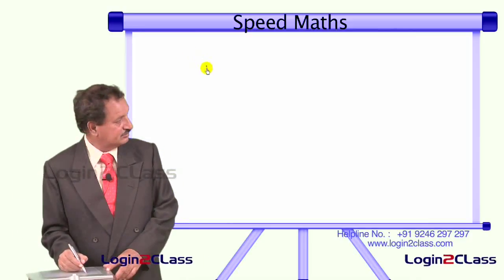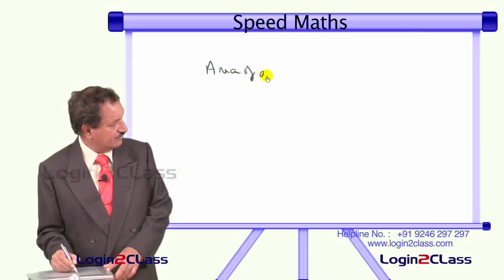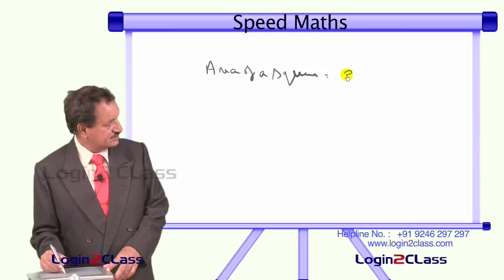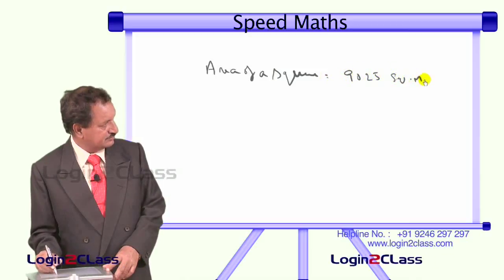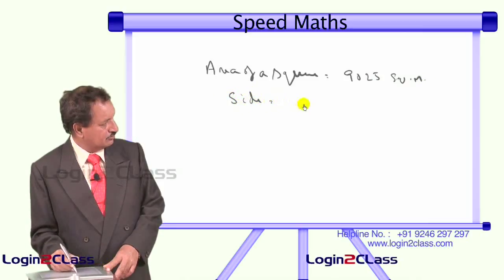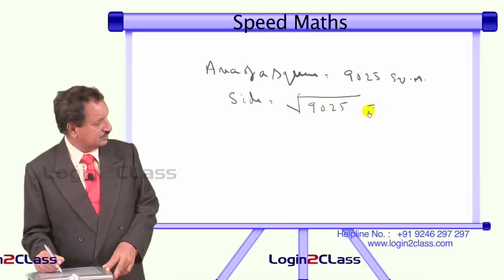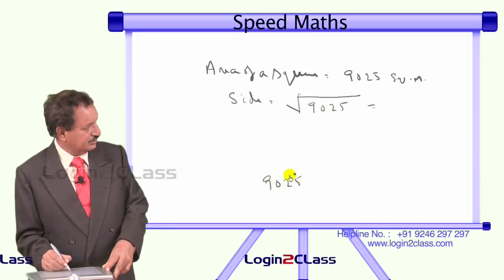See, area of a square is 9025 square meters. Okay. Now what is this side? What you have to do? You have to find the square root.